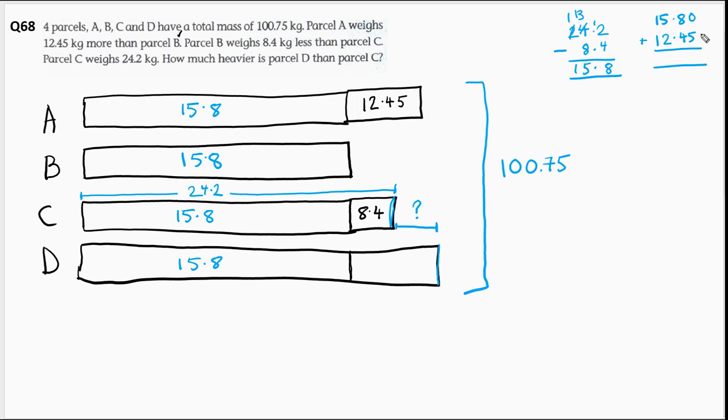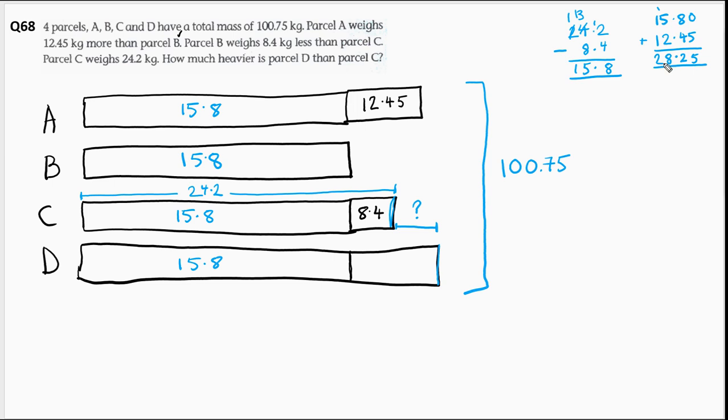Right, so what are we doing? We're adding here. 5 add nothing is 5. 8 add 4 is 12. What I should have done is put my decimal point in, but I'm paying attention, so there it is. So that's going to be an 8. And here we have 2.